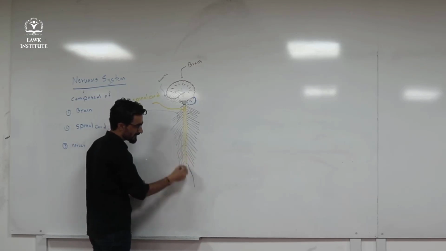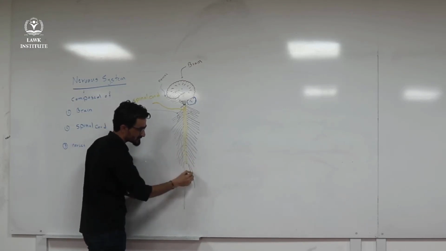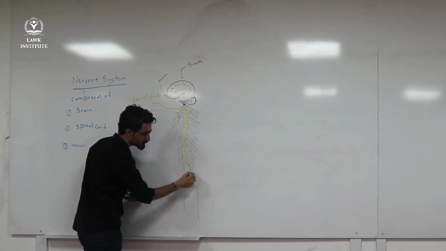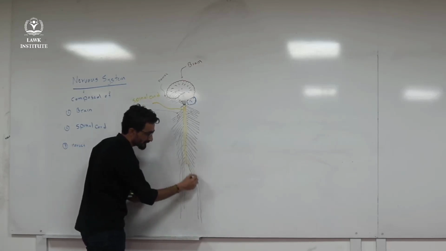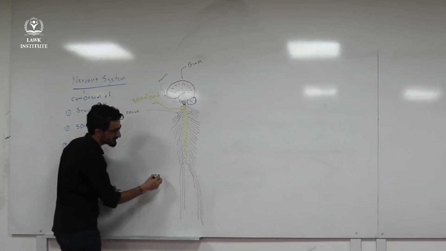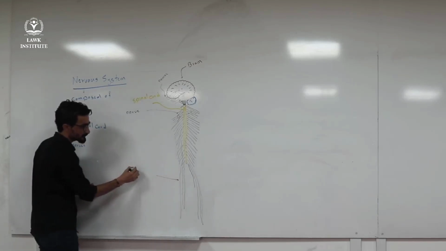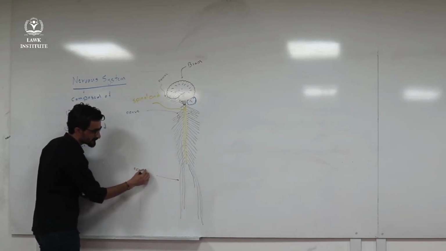And finally, we have the longest nerves in the body that are dedicated to controlling your lower limbs, or the legs. So these black lines represent nerves.